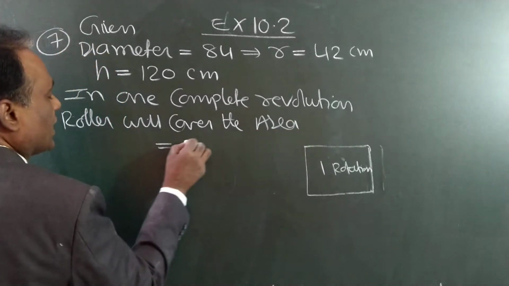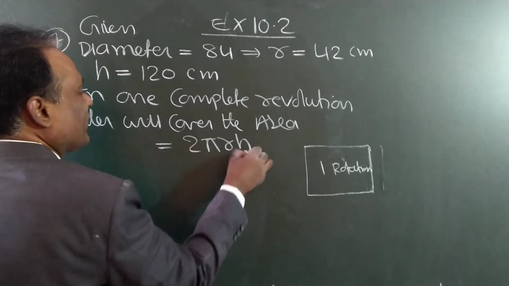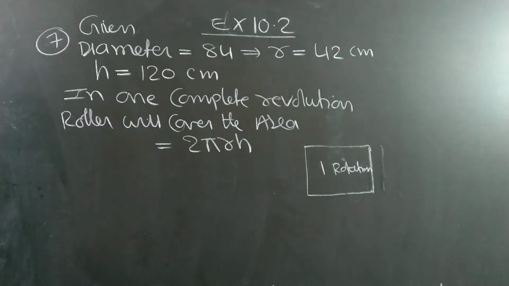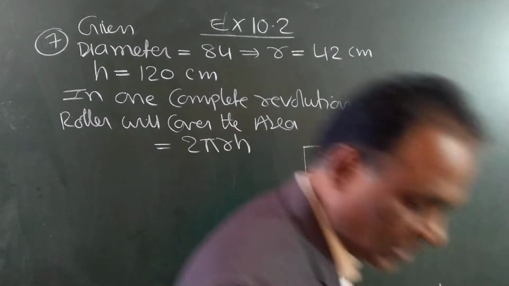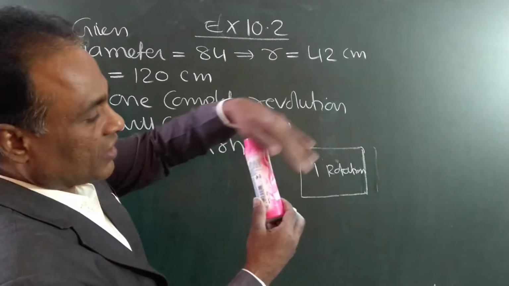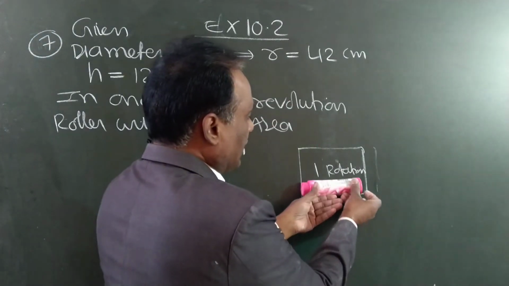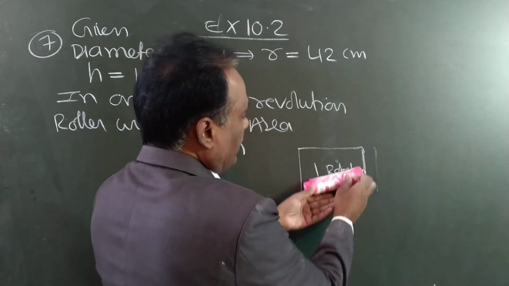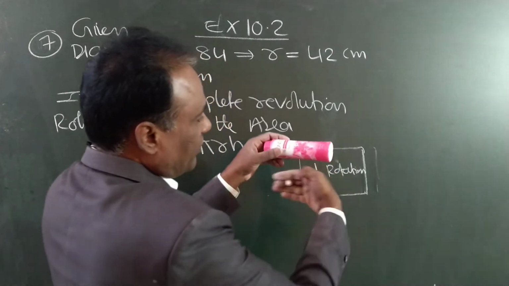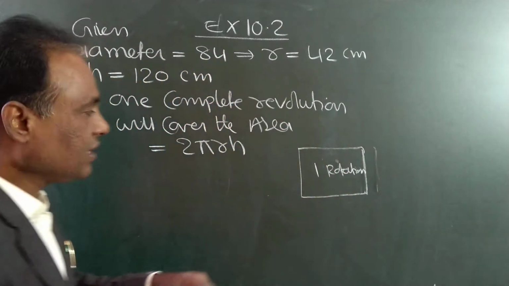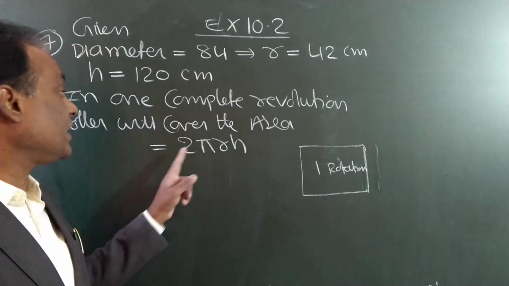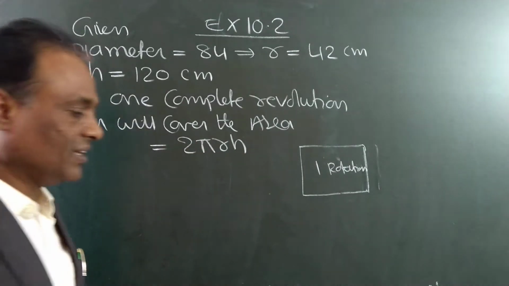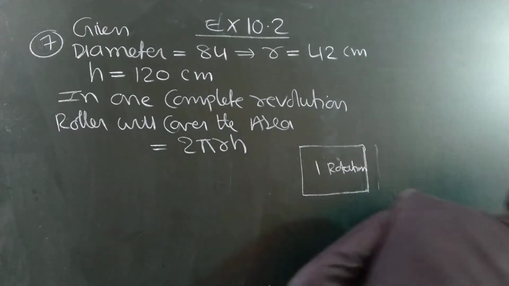How much area? Curved surface area, 2 pi RH. See here, this is called the curved surface area. When the roller is moving like this, it will cover this curved surface area. What is the formula for curved surface area of the cylinder? 2 pi RH. This is the conclusion, students.